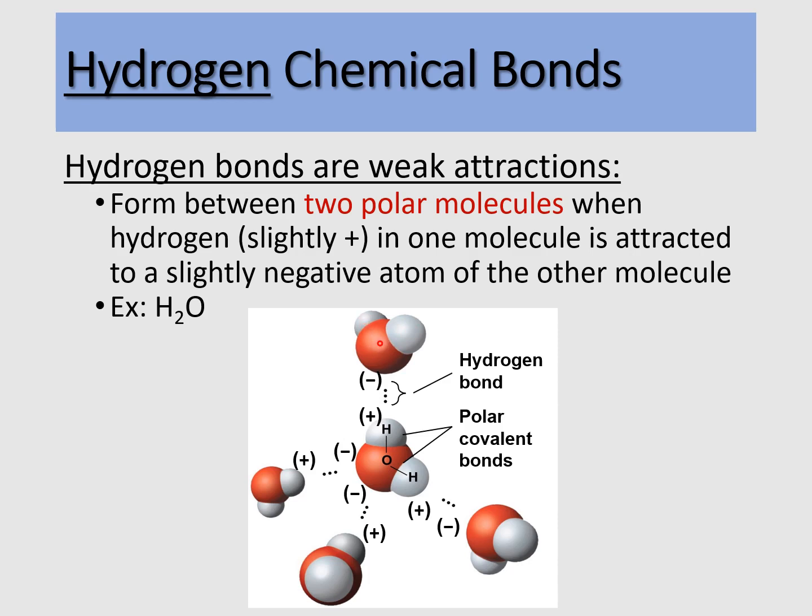So we said that there's an uneven share of that electron. So we have this slightly negatively charged oxygen with a slightly positively charged hydrogen. So the hydrogen is kind of missing out on that electron. So it's feeling kind of left out. So it's looking for another slightly negatively charged oxygen. And then we're creating this kind of weak hydrogen bond.